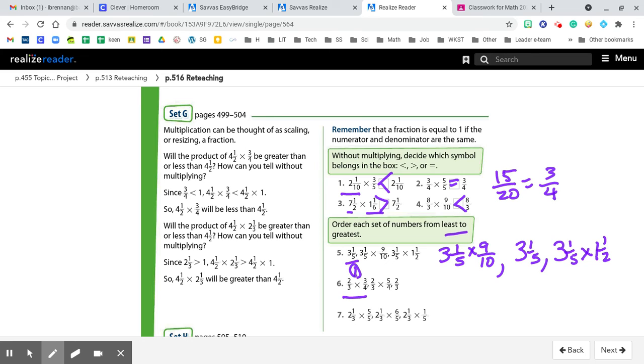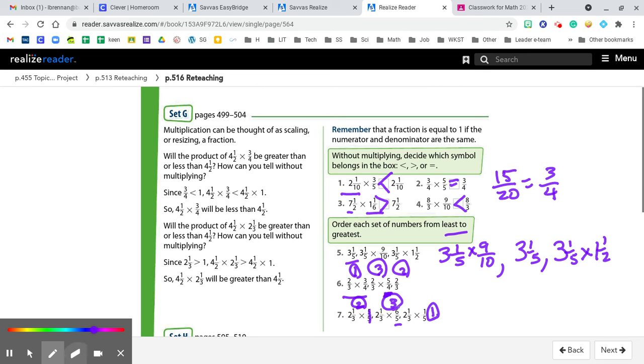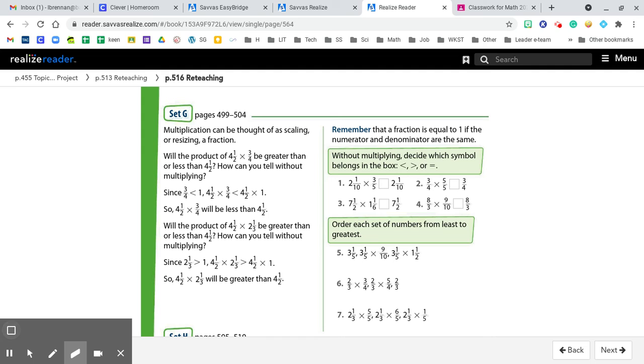The next value is 2/3 sitting by itself. And the largest value is 2/3 times 5/4, which is greater than 1. And for number 7, we have 2 and 1/3 times 1, 2 and 1/3 times a number greater than 1, and 2 and 1/3 times a number less than 1. So this one will be the smallest, this one will be the next one, and this one will be the last one. And again, that was another area that we skipped.